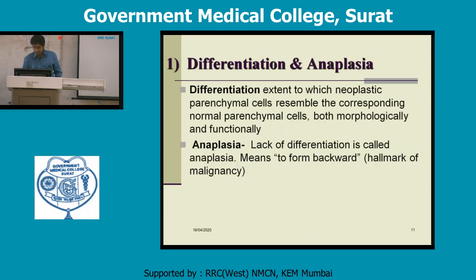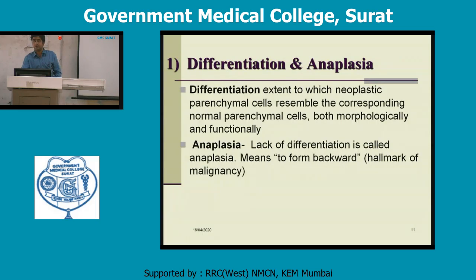What is differentiation? Differentiation means the extent to which the neoplastic cells resemble the normal parenchymal cells, both morphologically and functionally. For example, in a well-differentiated lesion, they resemble the normal parenchymal cells. In a poorly differentiated tumor, they poorly resemble the normal tissue.